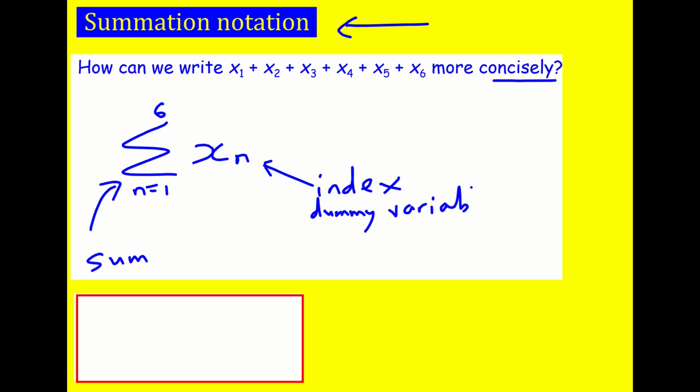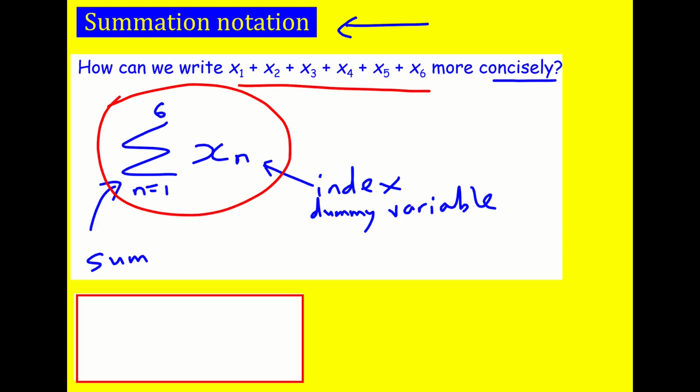There's a lot that I've said here, but essentially, this thing here is exactly the same as this thing here. Sometimes people write n equals 6 at the top as well, but it's not really needed because it's basically implied. And this is the idea of summation notation.